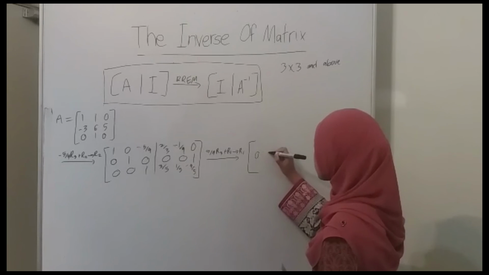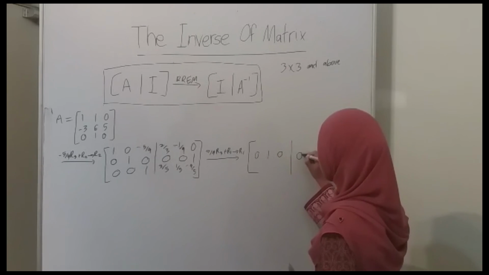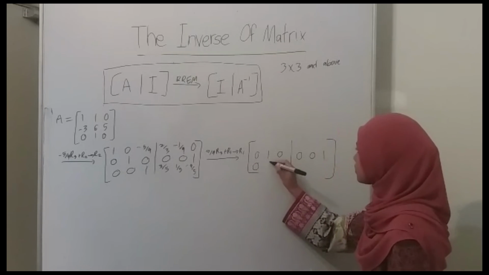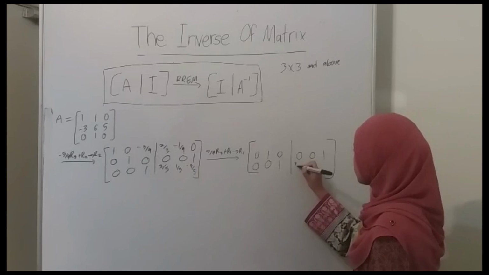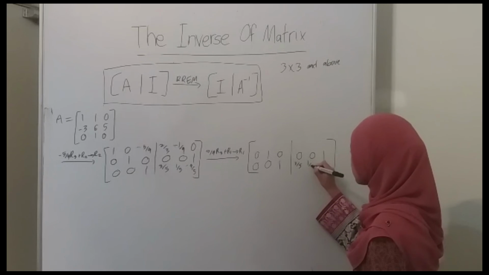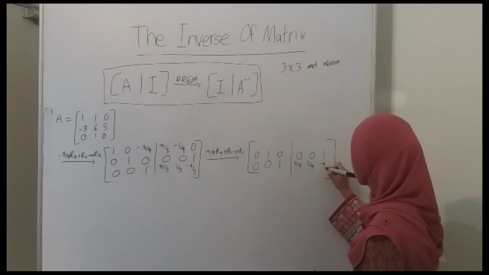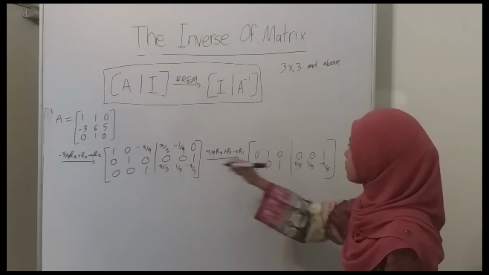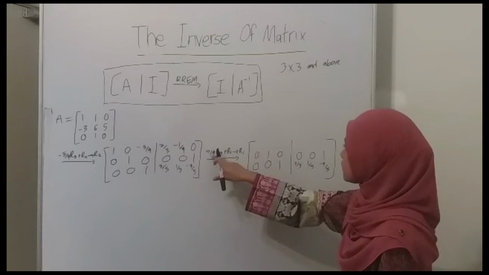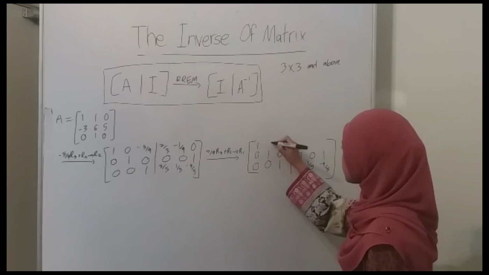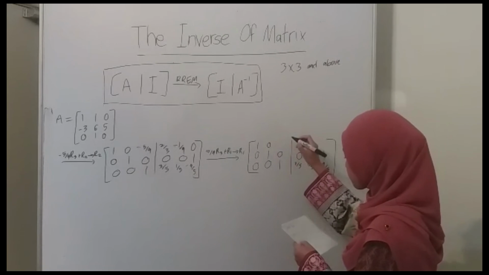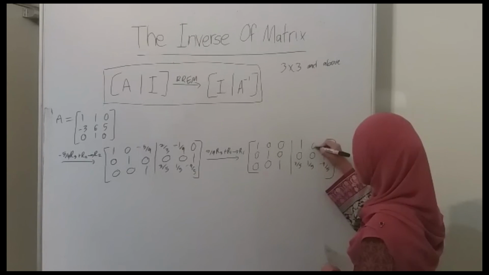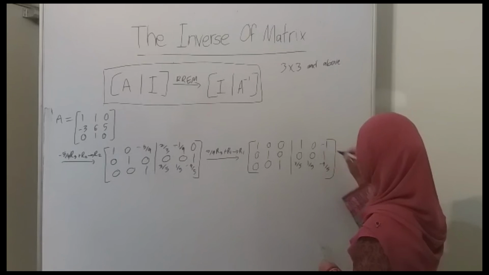So 0, 1, 0, 0, 0, 1. Then third row 0, 0, 1, 3 over 5, 1 over 5, and then negative 9 over 5. So the changes in row 1. So we are going to 2 times 1, 0, and then this 0. We get 1, 0, and negative 1.